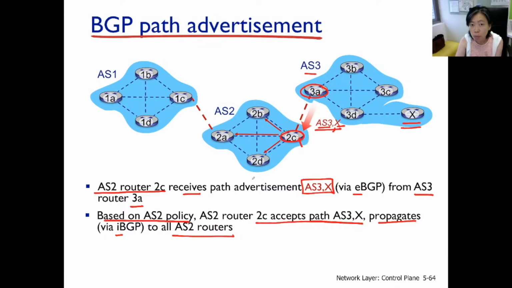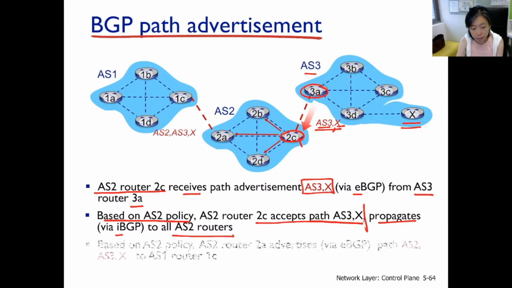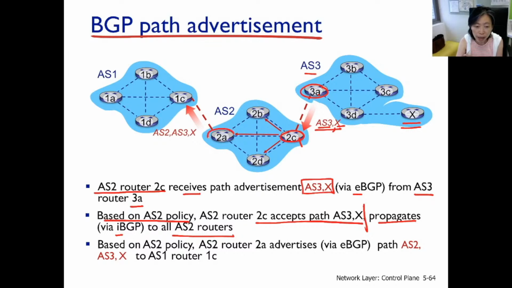Right? So the import policy actually happens before the propagation of the path to all the routers internally. And then 2A here, receiving such a path, can then prepend itself and pass it further to the neighboring ASs. But wait, the export policy is applied here before passing on of the advertisements.